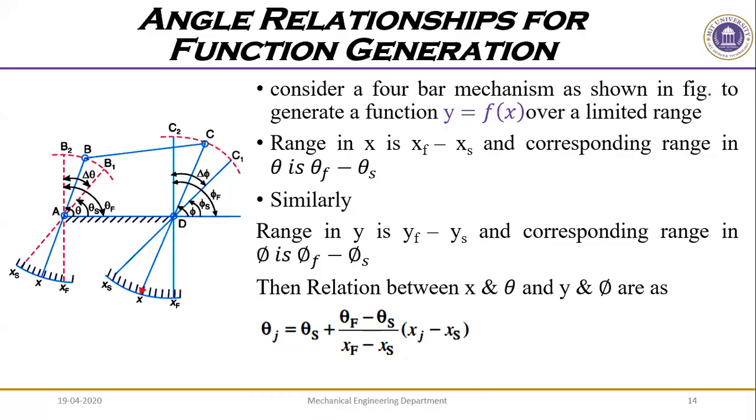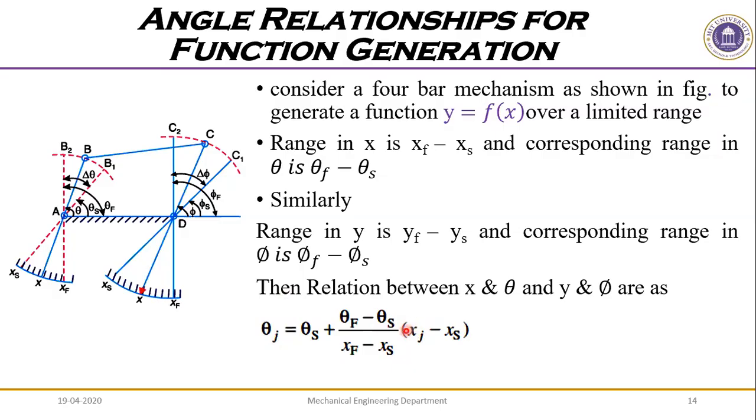We have to find out x by using the formula xj is equal to, as I just told you, you have to do it in radian mode. Similarly, using that x, we can find the relation for theta, the angular displacement of the input link, that is theta j: for the first precision point x1, theta 1; second precision point x2, theta 2; third precision point x3, theta 3.